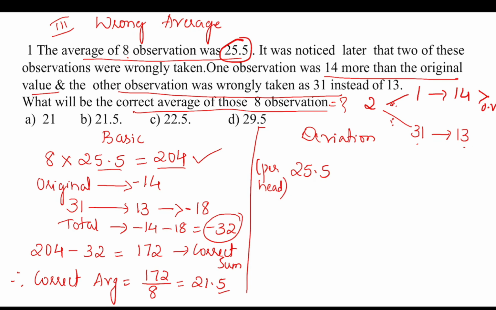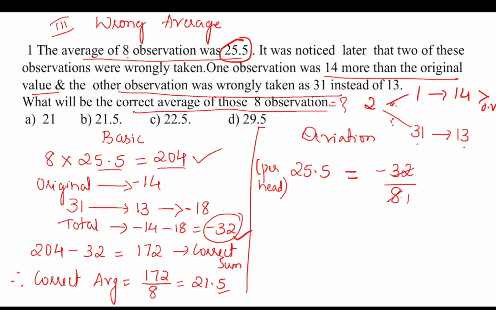So it is 25.5. Now we know that 32 is wrongly taken, isn't it? 32 was wrongly taken of how many observations?